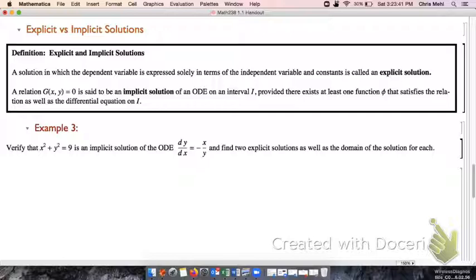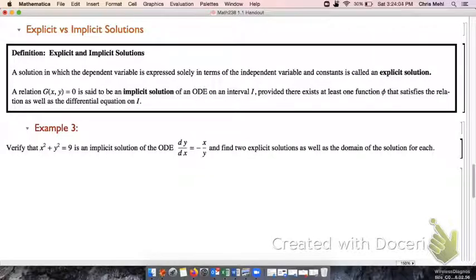So basically, what I'm trying to get at here is if x squared plus y squared equals 9 is the solution curve, dy dx then is just the slope of the tangent line at any point on that curve. It says find 2 explicit solutions as well as the domain of the solution for each.